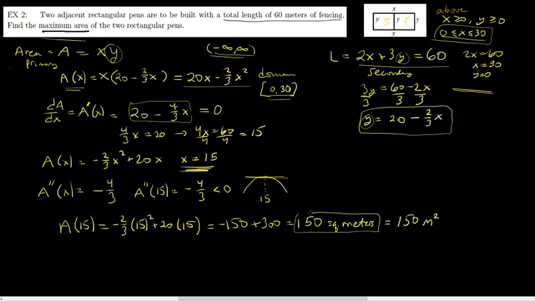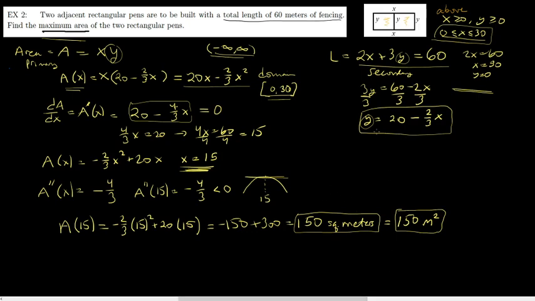So that should be our maximum total area of these two rectangles. By symmetry, you can infer that since these two rectangles are equal, each one is 75 square meters, because there are two rectangles. The 150 is the total of both rectangles. So I hope that helps.